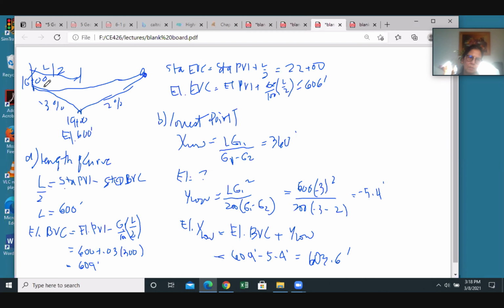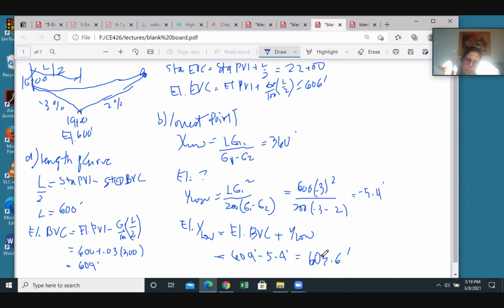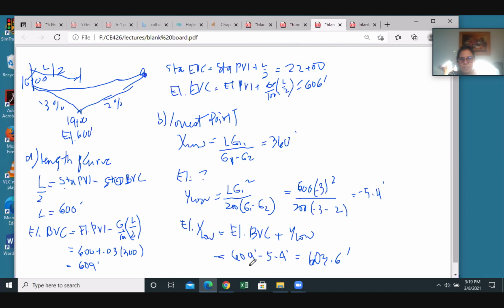Just make sure that when you do the subtraction, or whether to add or subtract, look at where your BVC is and where the lowest point is, and you know more or less what to expect, if it's going to be higher or lower. So in this case, 603.6 is the elevation of your lowest point. Is there any question on this?